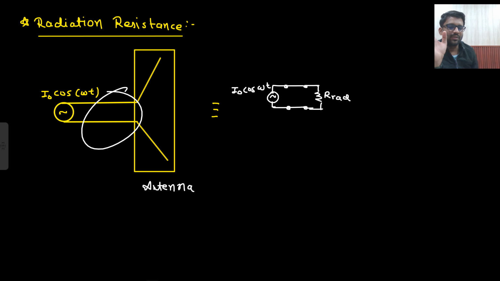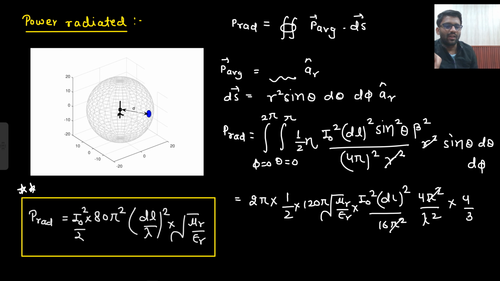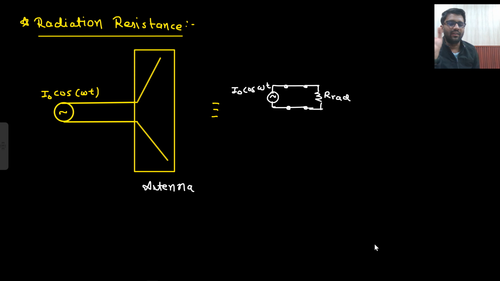But as of now, what I am assuming is that there is a current source and our antenna was radiating this much power. So now I have replaced the antenna with R radiated. Now I will find the power that is dissipated in this resistor. What is the power dissipated in the R radiated resistor?